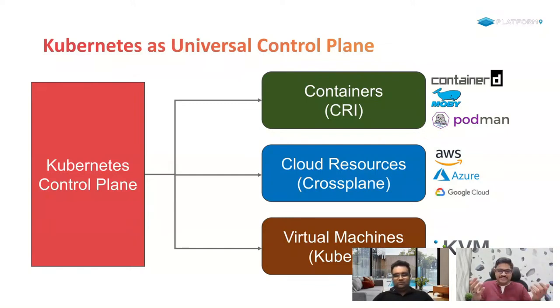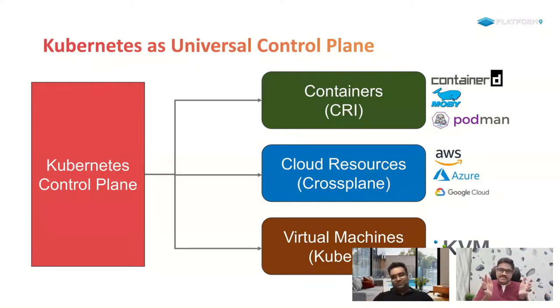So I don't want to steal the thunder from what Anmol is going to show. He has some interesting demos lined up, but you can imagine the power of bringing virtual machines and pods into the same context and making them talk to each other. And you add cloud to the mix, you pretty much have Kubernetes becoming the universal control plane and one API to deal with all three infrastructure elements: the public cloud through Crossplane, containers through CRI, and virtual machines through Kubevirt.